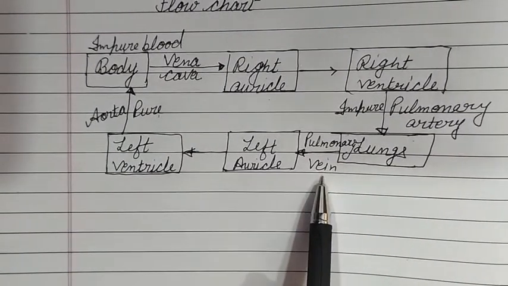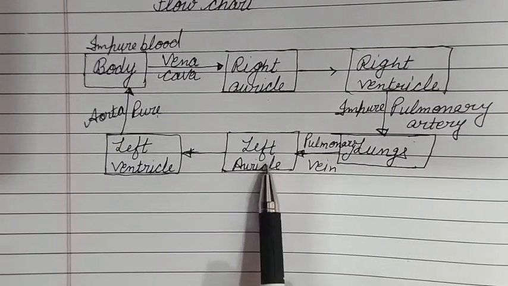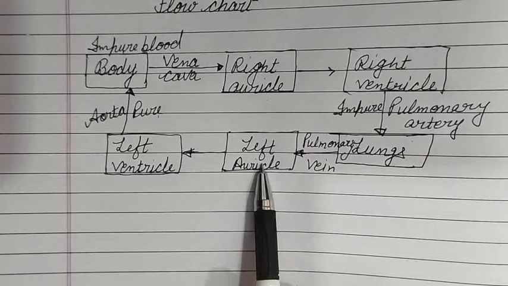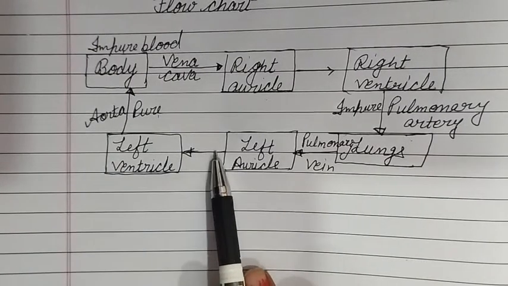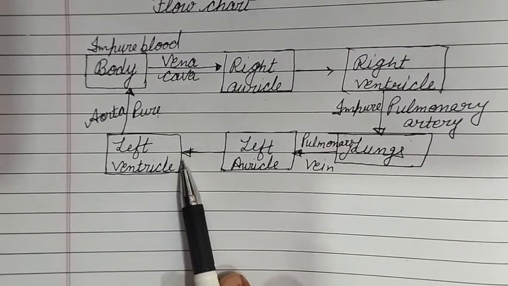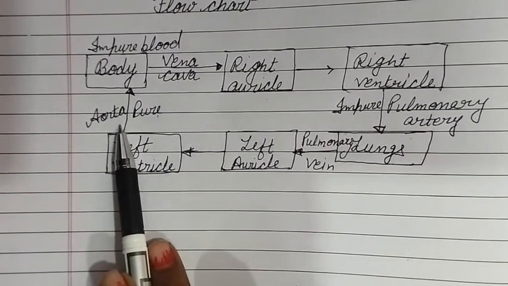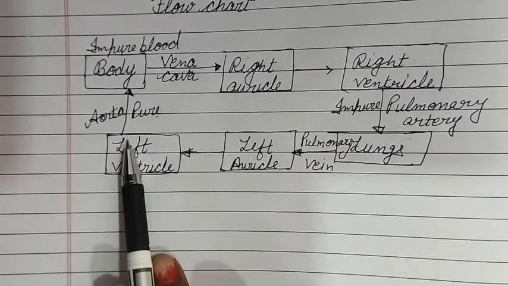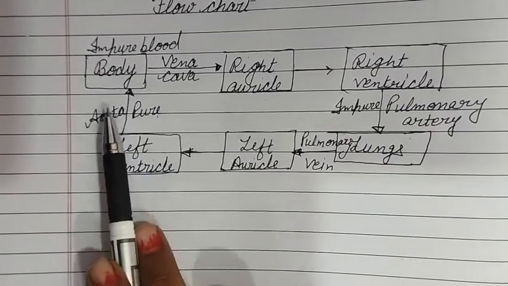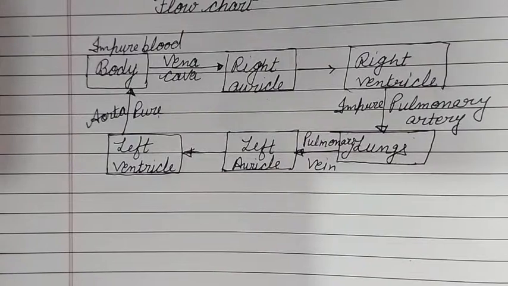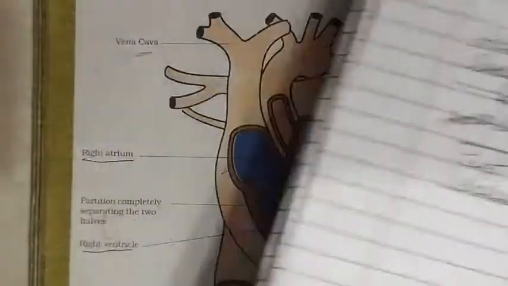The pulmonary vein carries oxygenated or pure blood and brings it to the left auricle. And from the left auricle, when contraction takes place, it goes to the left ventricle. From here, the aorta, which is the largest artery, will carry the pure blood to all parts of the body.